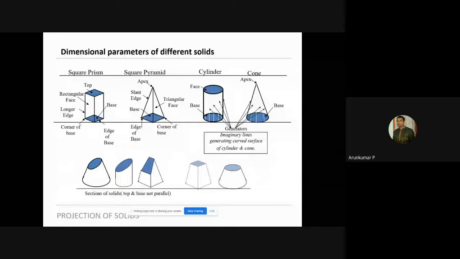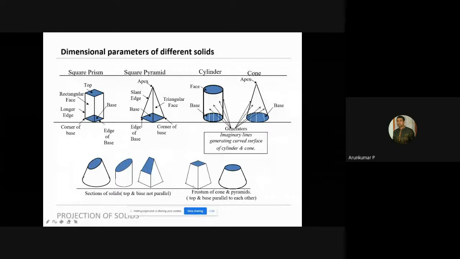And of course, these are sections of solids which are generally cut. So what you find here is both these are cut sections. These 3 sections on the left and these 2 sections on the right are, again, a part of some solid. Maybe this is a part of a cone, this is part of a cylinder, this is part of a square pyramid, this is also part of a square pyramid, this is part of a cone. But what is the difference between them?